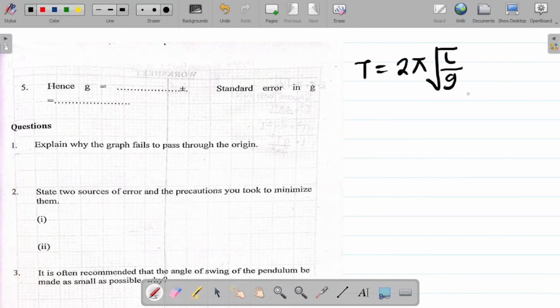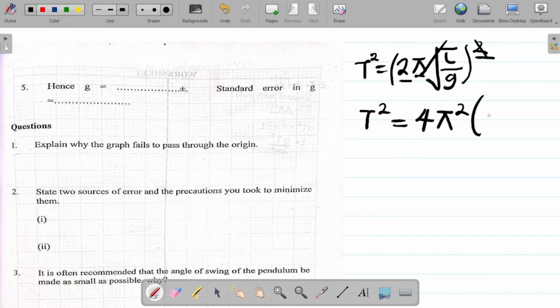To get the value of G, what we have to do is very simple. We'll first of all make G the subject of the formula. And just as we did for the first one here, we'll square both sides. So I'll square this, and I'll also square this. So I'll have that T squared is equal to 2 squared, which gives you 4, pi squared gives you pi squared, and for here, the square will cancel the square root.